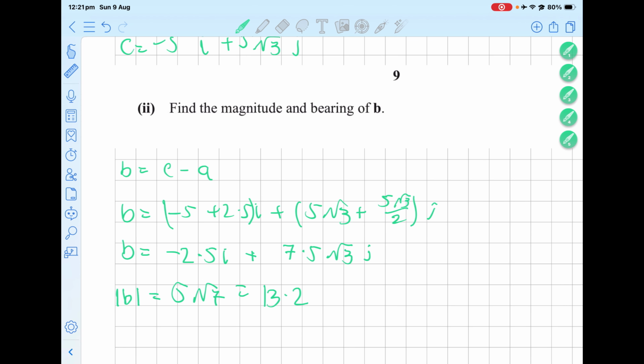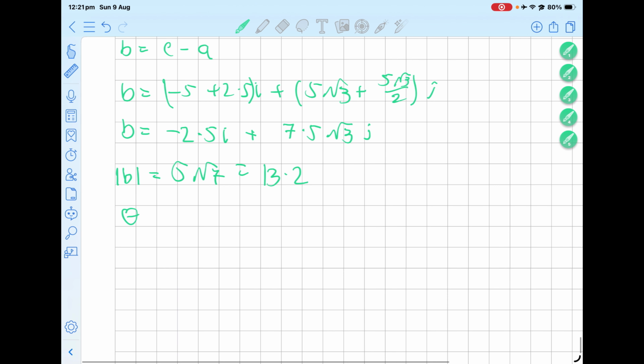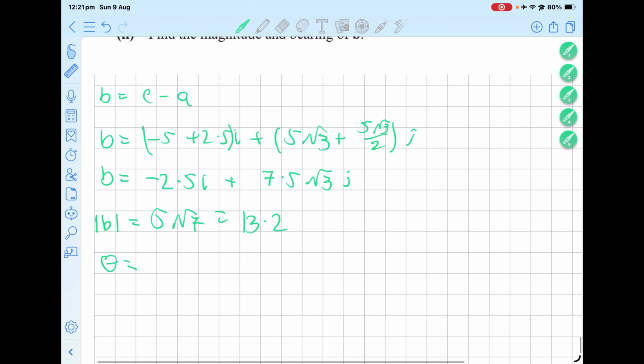And then for theta, you're likely going to do tan inverse of 2.5 over 7.5 root 3, or you could do it the other way around, which is just 90 minus that. So the bearing eventually is going to be 349 degrees. So these are your answers.